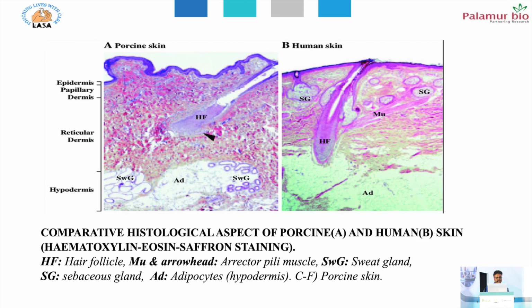A little bit about histopathology. So this is about the layout where epidermis, reticular dermis and hypodermis, everything is given, and comparison. Yes, there are more hair follicles in the human as compared to the pig skin, but they can be comparable.